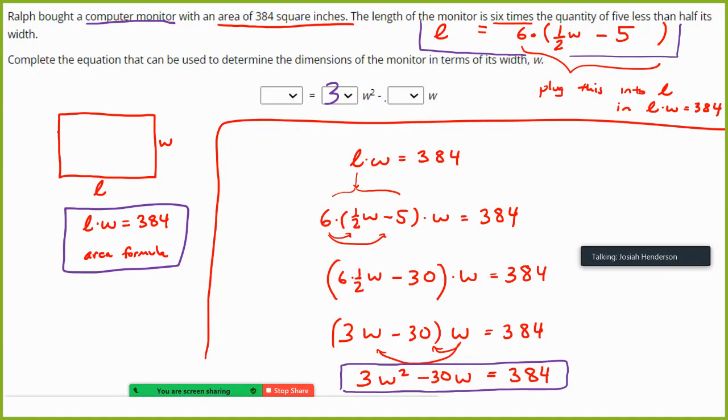And notice how above it's already minus. They've got a minus sign right here. So look for the 30 in the drop down. And then equals 384. That's the first number on the left side over here, 384, because it's all by itself. There's no w's or w squareds. So they're not asking us to solve it and find the width. They're just saying set up the equation in terms of w, in terms of its width.